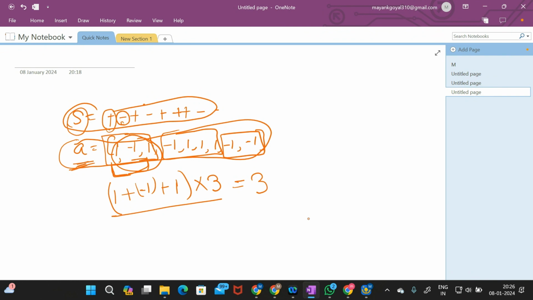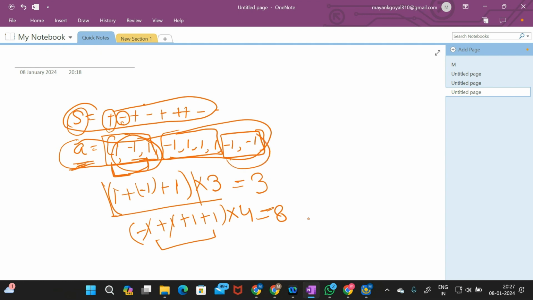So this is our penalty for this subarray, which is equal to 3. We have to take the modulus of this. Similarly, for this one the penalty is minus 1 plus 1 plus 1 plus 1, into 4, because the length of this subarray is 4. The minus 1 and 1 cancel out, 1 plus 1 is 2, into 4 equals 8.